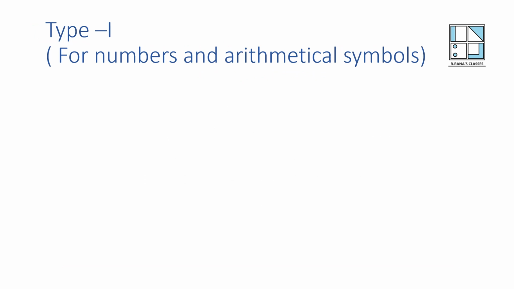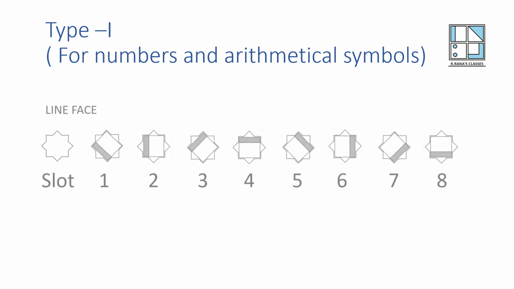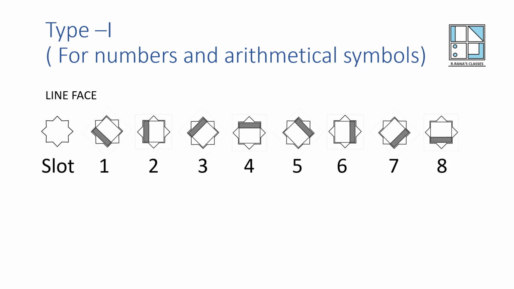Type 1. Type 1 face is used for numbers and arithmetical symbols. There is a slot. You can see there is an octagonal slot. This slot is such that a square face can be fixed into it in 8 positions.